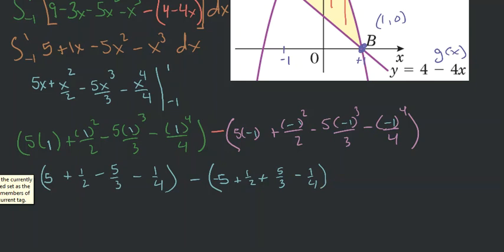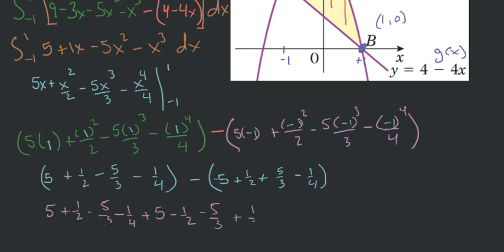Now we have an expression here. Again, this is something that you could do on your calculator, or something that we can just work out here on our own. So in getting rid of these brackets, we're going to have 5 plus a half minus 5 over 3 minus 1/4 plus 5 minus 1/2 minus 5 over 3 and plus 1/4.